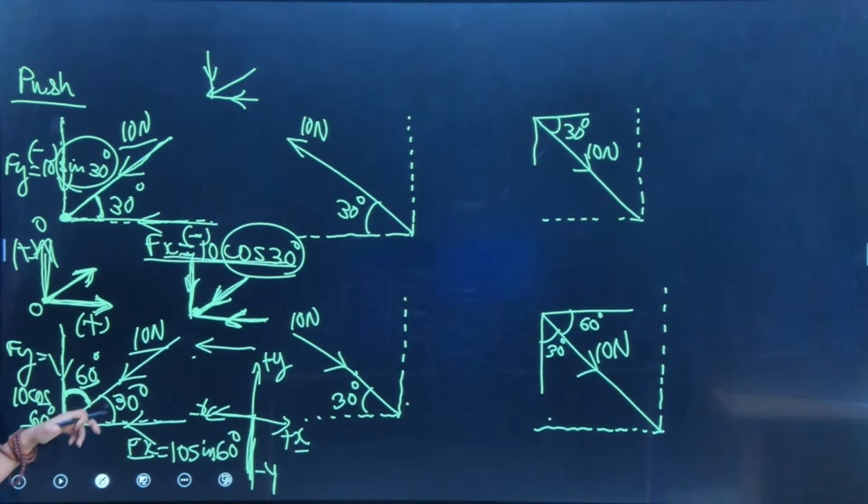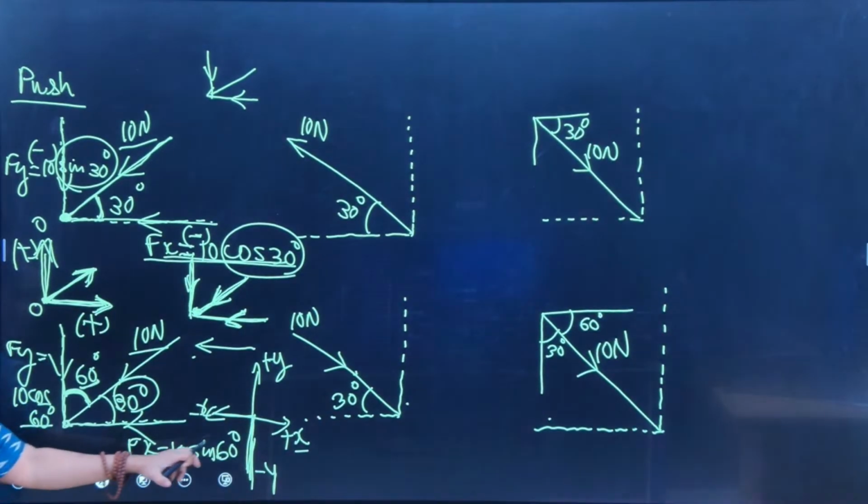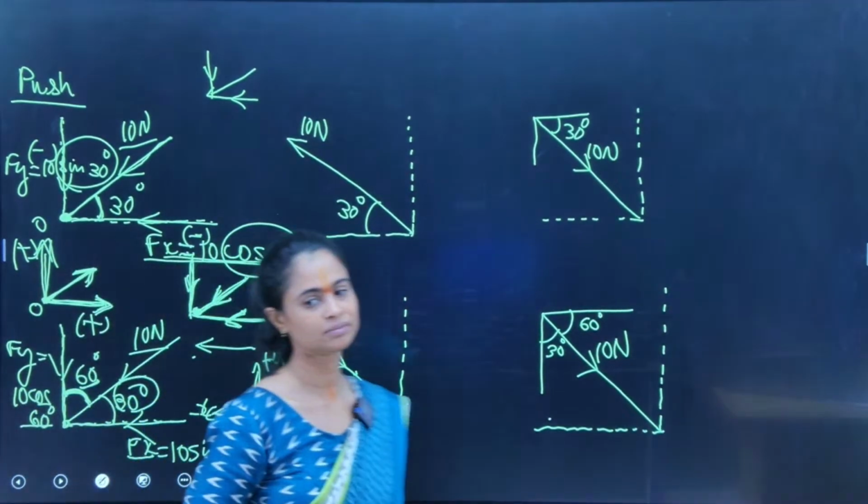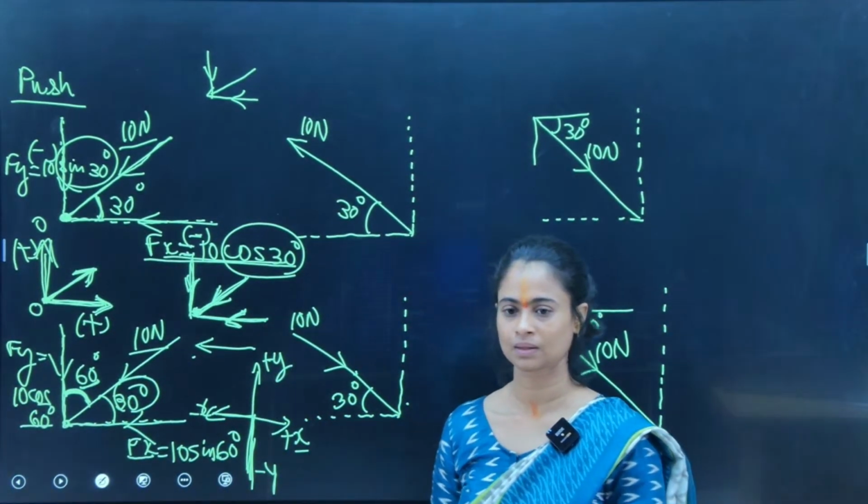But if I am interested in taking this angle, the theta with the horizontal, then it would be 30 for me and Fx would be 10 cos 30 and Fy would be 10 sine 30. So you know that 10 cos 60 is equal to 10 sine 30. Yes or no? And 10 sine 60 is equal to 10 cos 30. Clear?